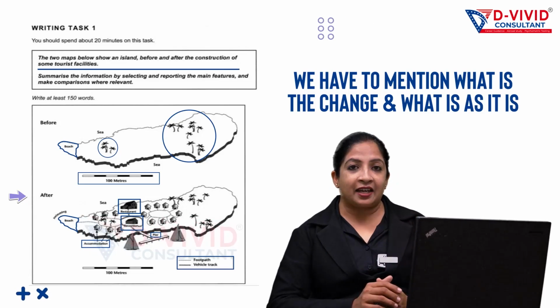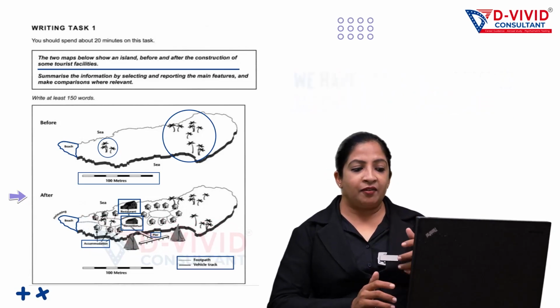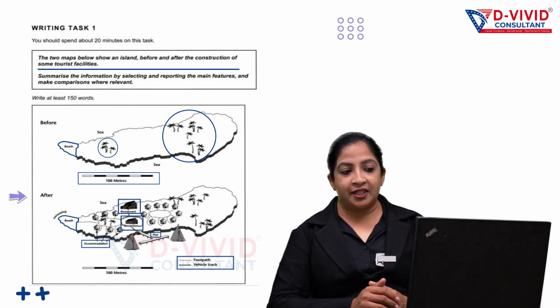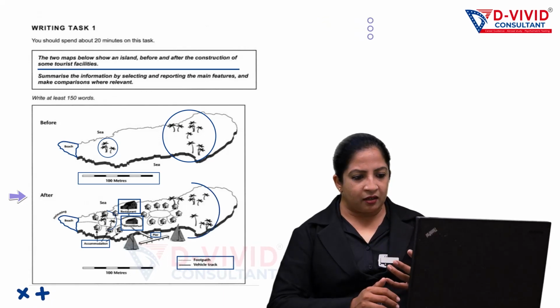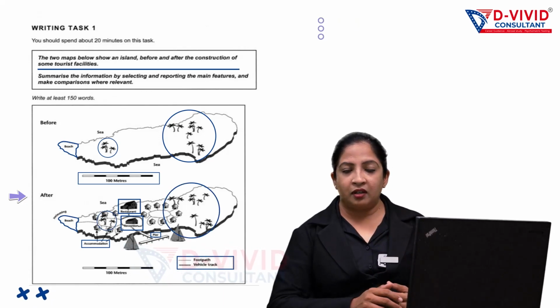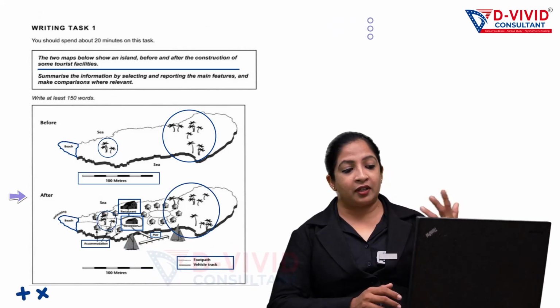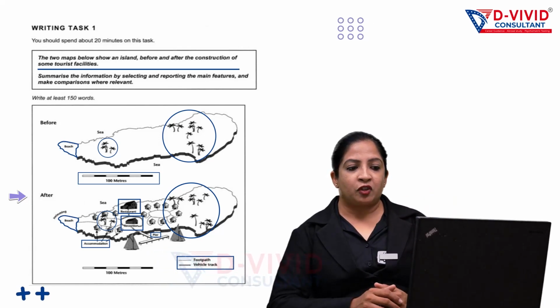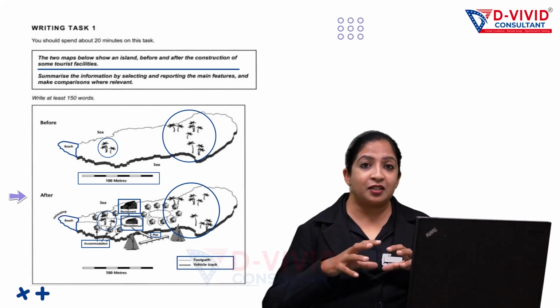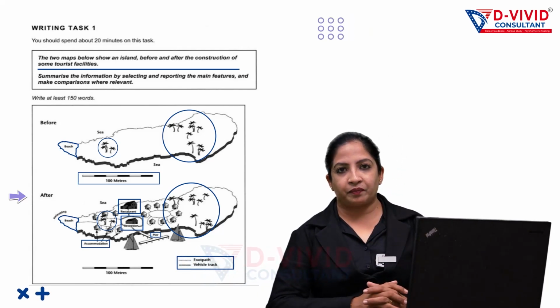This will add clarity for my reader. Even if I observe the trees, I can see that the trees are the same in number. They have neither increased nor have people cut the trees. So I can also include this part in my content.